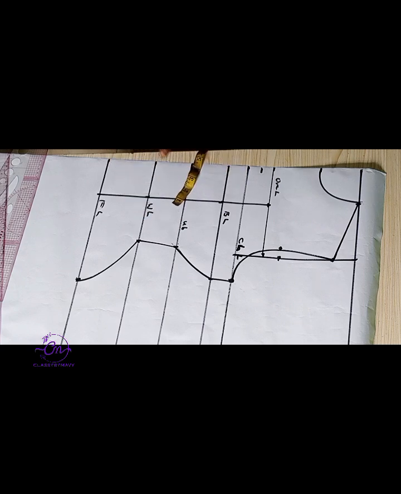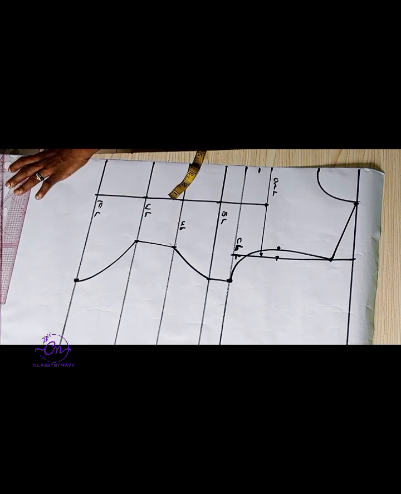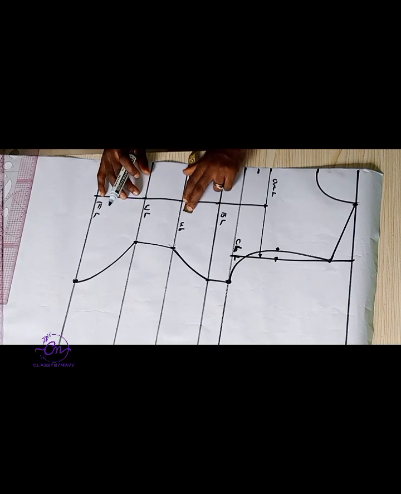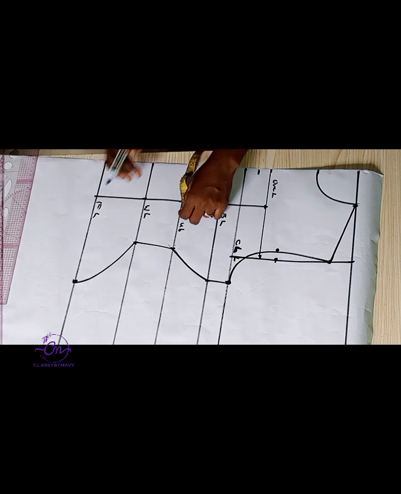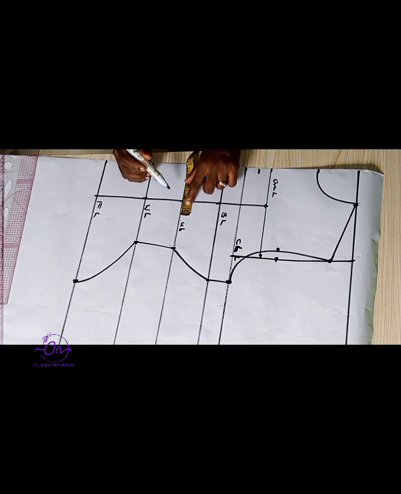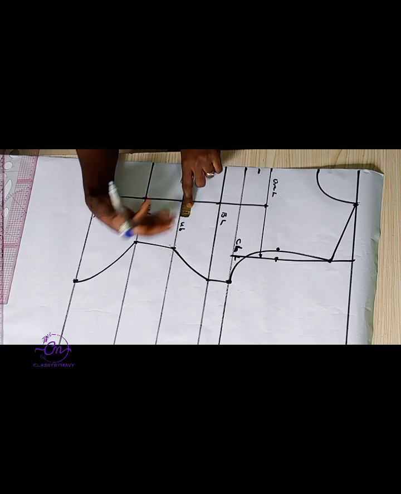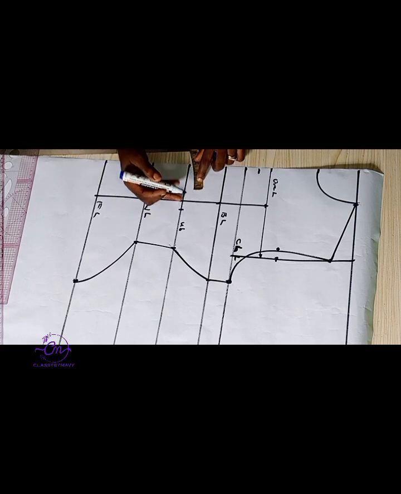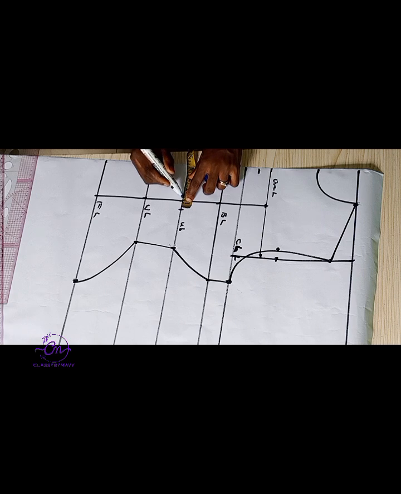Okay, so since it's time to create the bustier, I'll be using this blue pen so that you know what we are not using for our funnel corsets and what we'll be using only for the bustier. So for this bustier creation, on this side front part, I'm inserting 3/4. Then for the center front part, I'm inserting 1/4.